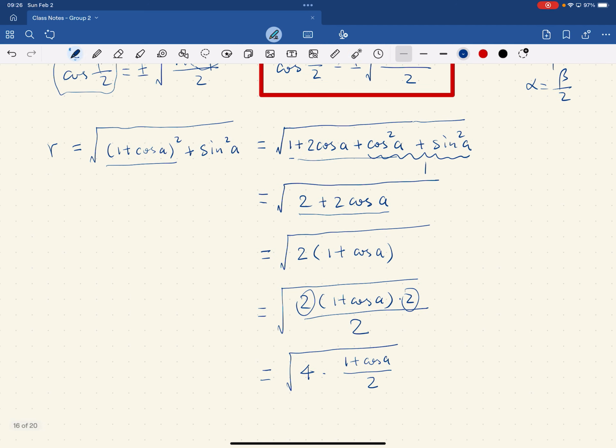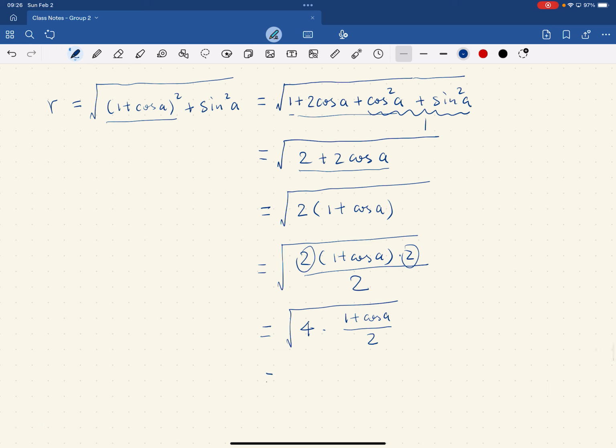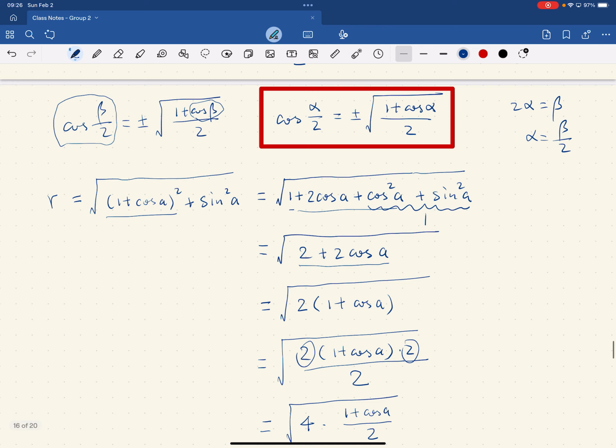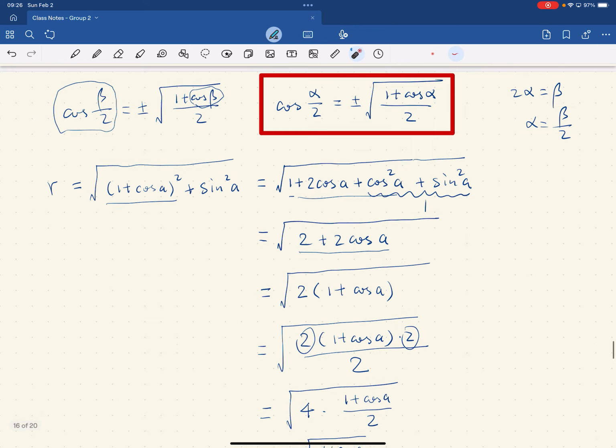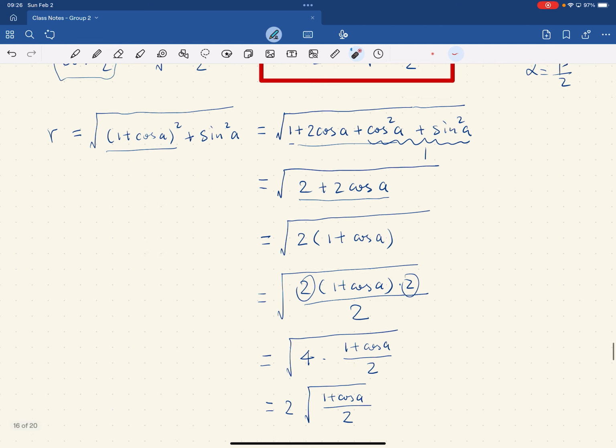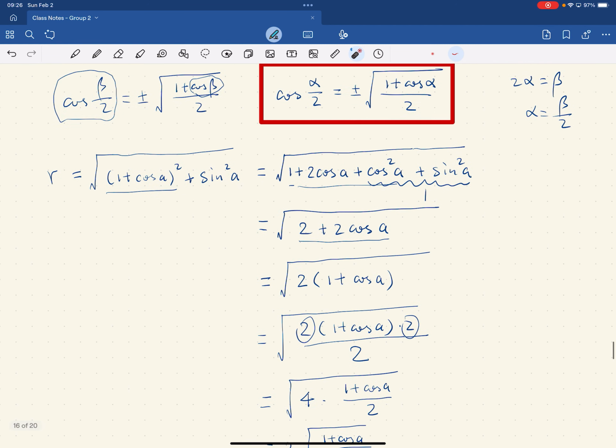And because we got a 4 there, we can take the 4 out. Now these two things are the exact same, right? That's that. This is the half angle stuff there.